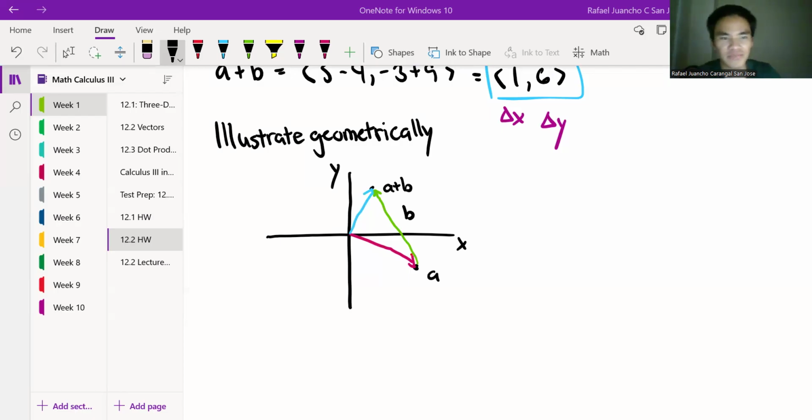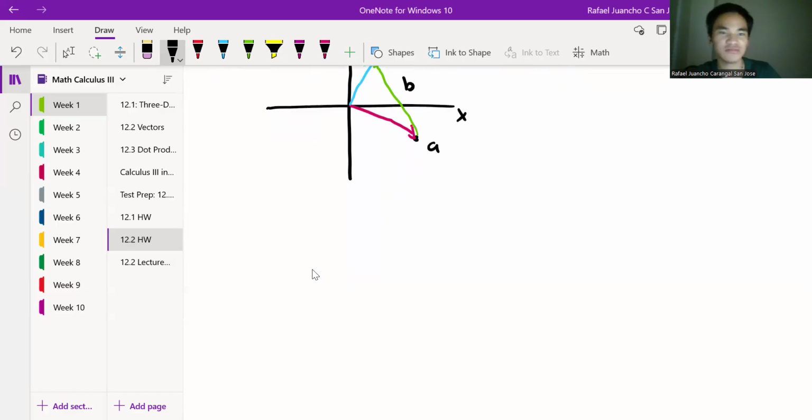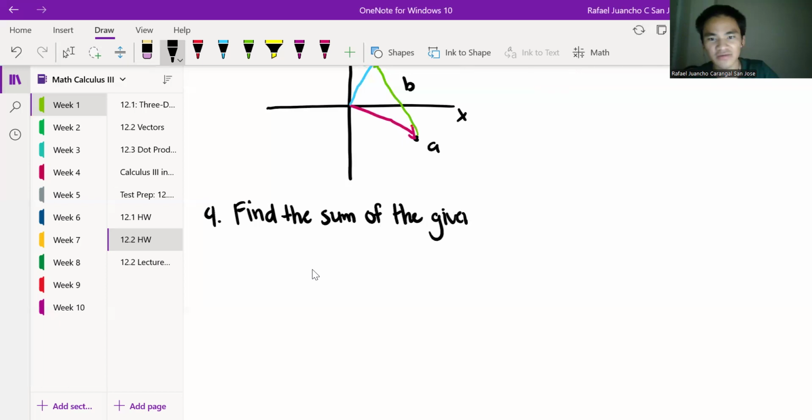Okay. Probably do two more, then I'll call it a day. Anyway, so we find the sum of the given vectors. So that thing we did a while ago, we're probably going to do the same thing. Okay, so my A is 501.